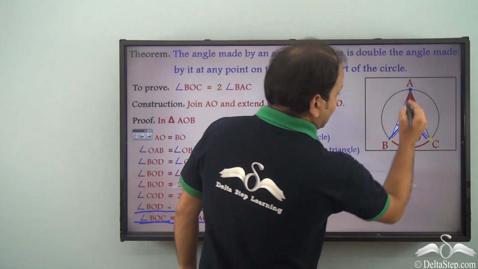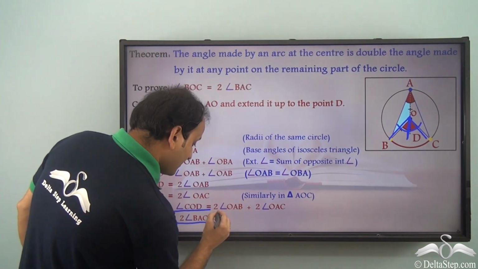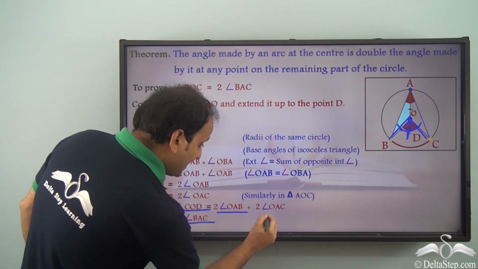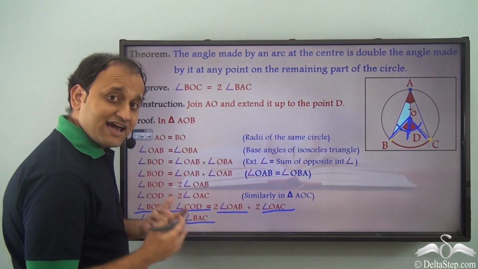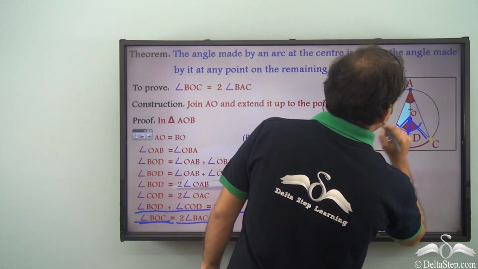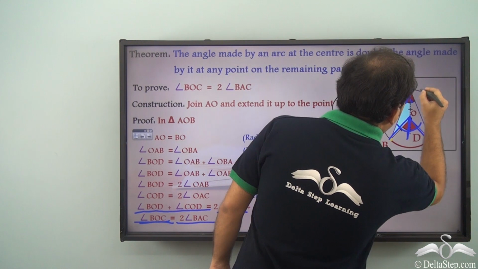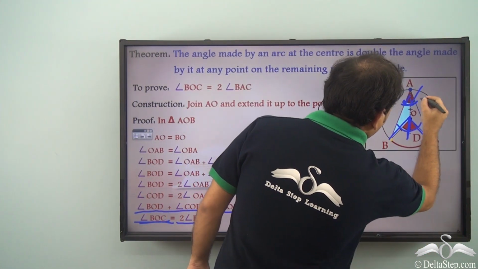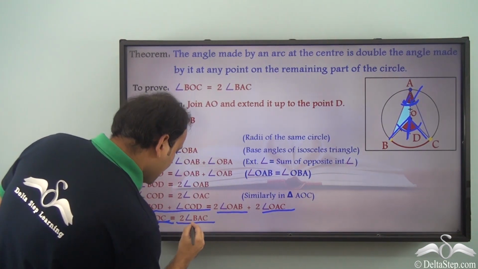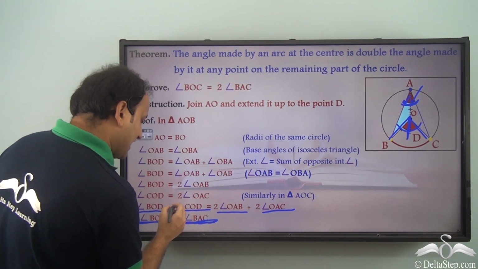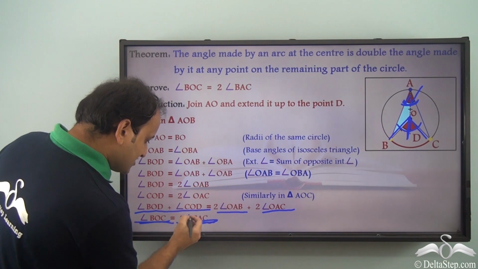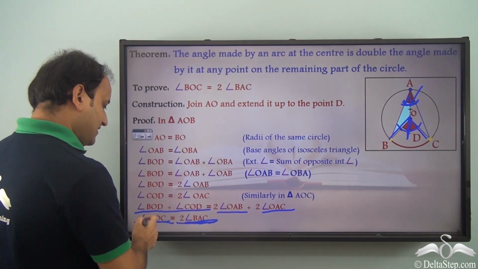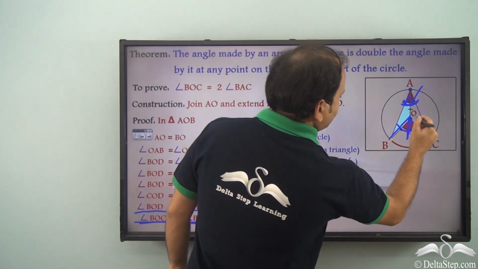And in this case, what do we have? Angle OAB and angle OAC. If they are added together, what do we get? Together they give this particular angle, angle BAC. So we have 2 into this, so 2 into angle BAC. So what do we get?